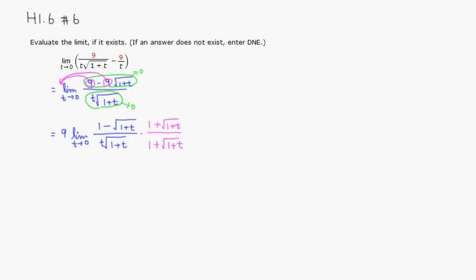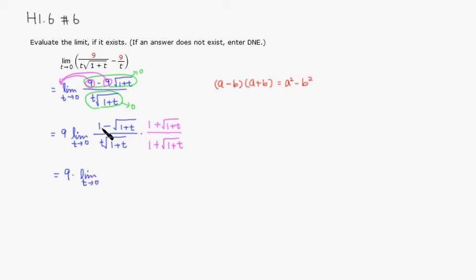We've seen this trick, right? Since we want to get rid of the square root, we want to square it. When you have a minus b times a plus b, you get a squared minus b squared. We use that to multiply this out. So you still have 9 times the limit we're still trying to evaluate.